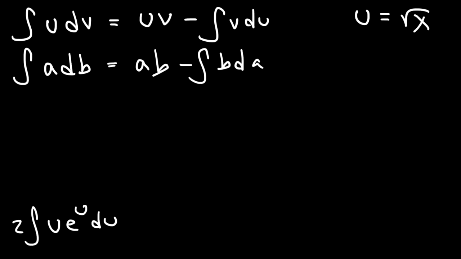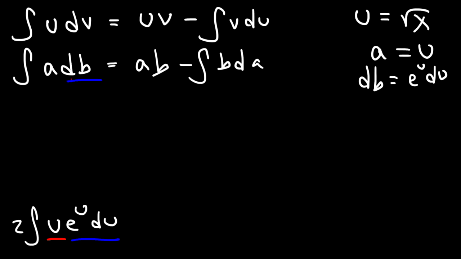So let's say that u is equal to a. And so the other part is going to be db. So db is going to be e to the u times du. So we have a is equal to u, that's in red, and then in blue, db is equal to e to the u du.